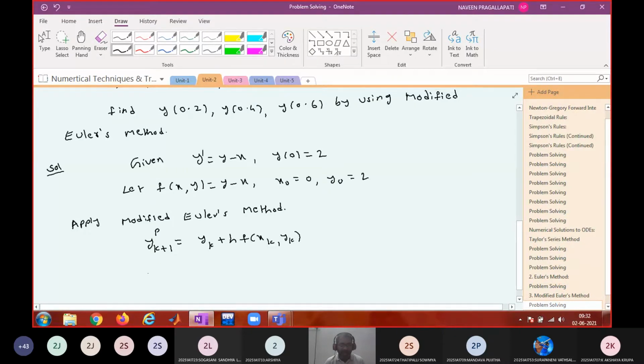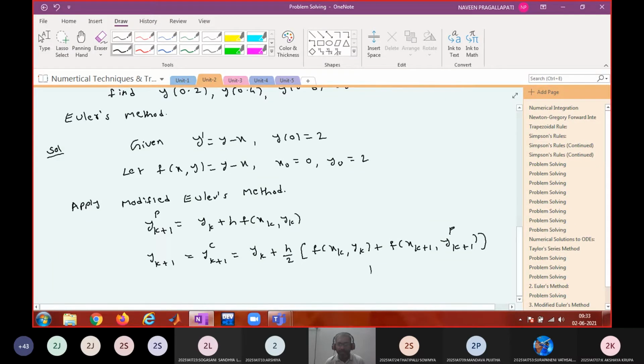And what is yk plus 1 corrector? yk plus 1 corrector is equal to yk plus h by 2 into f of xk comma yk plus f of xk plus 1 comma yk plus 1 predictor, for k equal to 0, 1, and we want three values, 0, 1, 2.